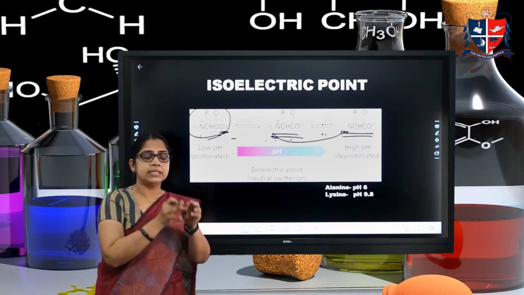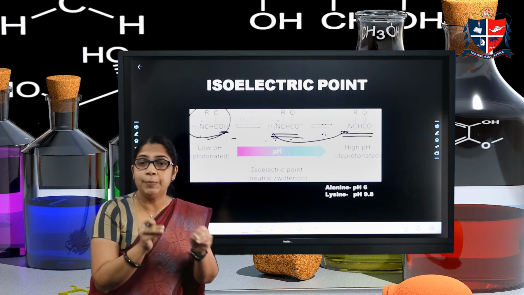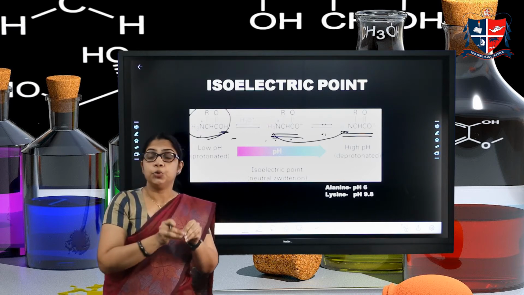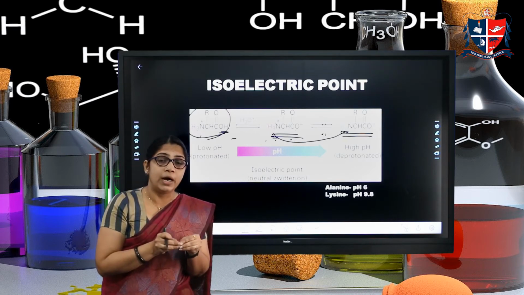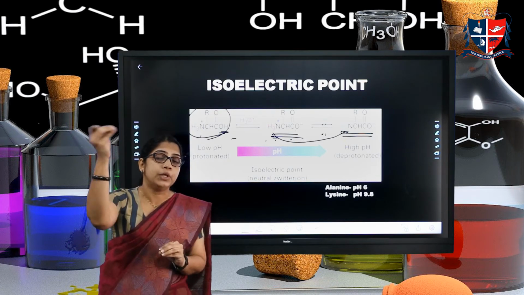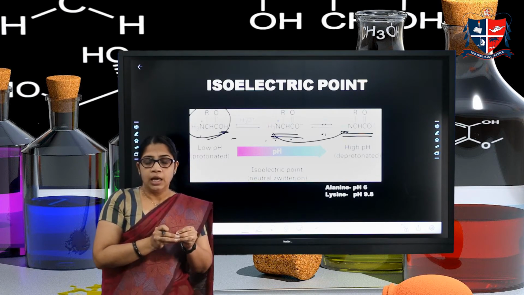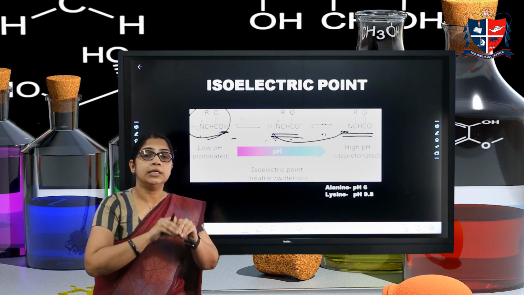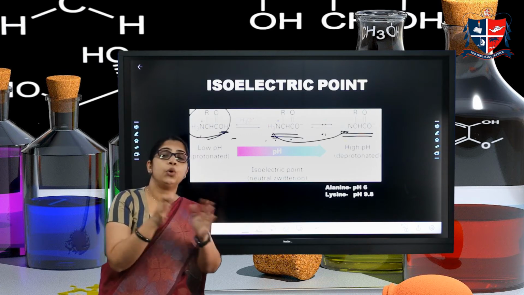So, if we place this amino acid in a solution having a particular pH, place electrodes and pass a current, what happens? The cation will move to the cathode and the anion will move to the anode. At a particular pH, the amino acid moves to neither the cathode nor the anode.